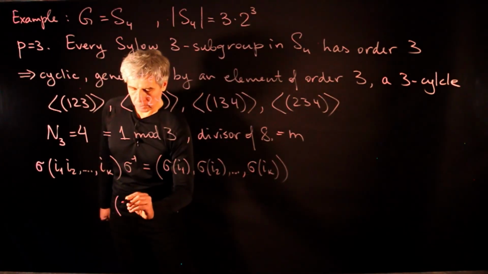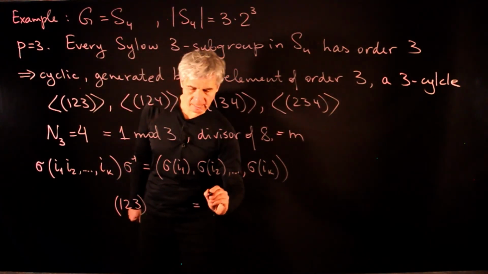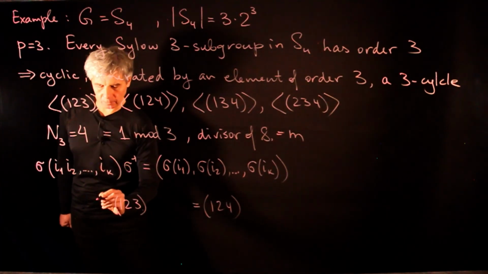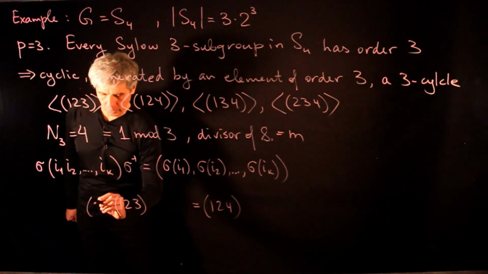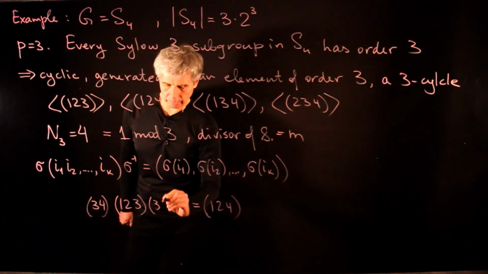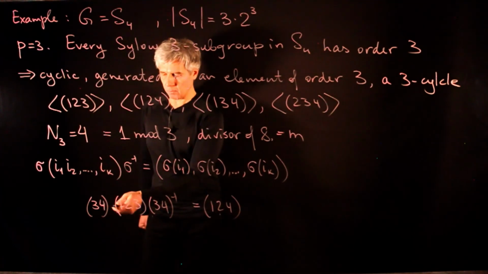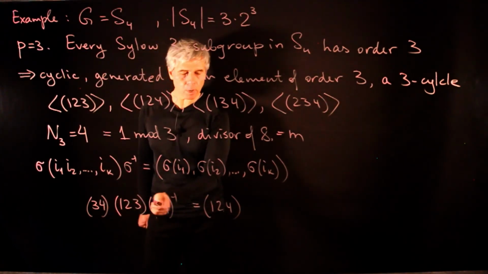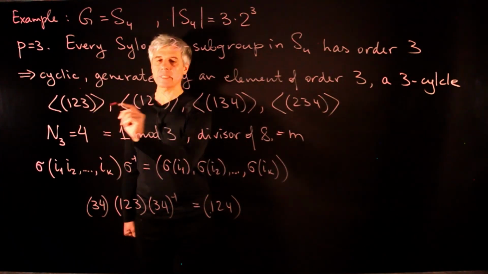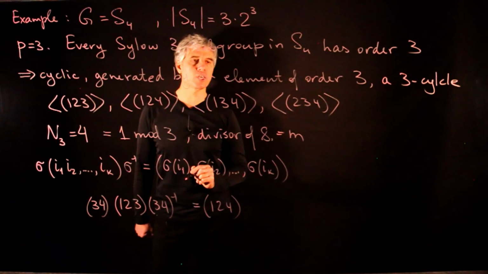So if we want to conjugate the cycle (1, 2, 3) into the cycle (1, 2, 4), then what we do is we take a permutation that switches 3 and 4, and if we conjugate (1, 2, 3) with the transposition (3, 4), then we obtain the cycle (1, 2, 4). And from here, it's easy to see that all these Sylow 3 subgroups are conjugate to each other.